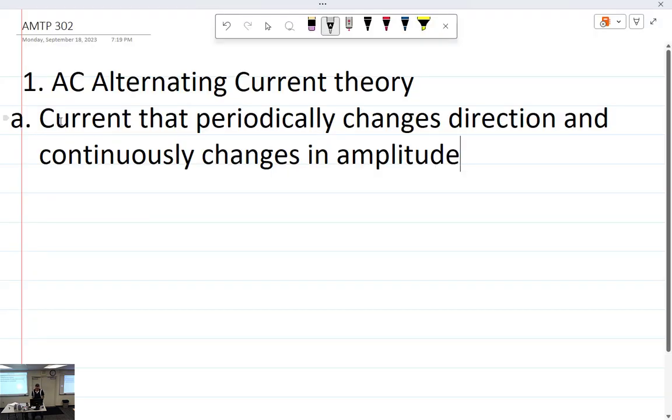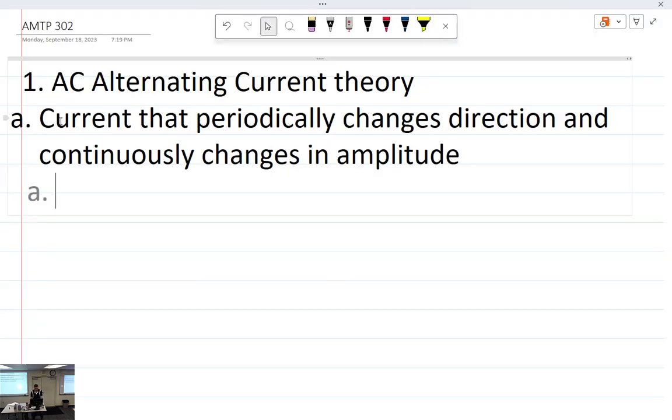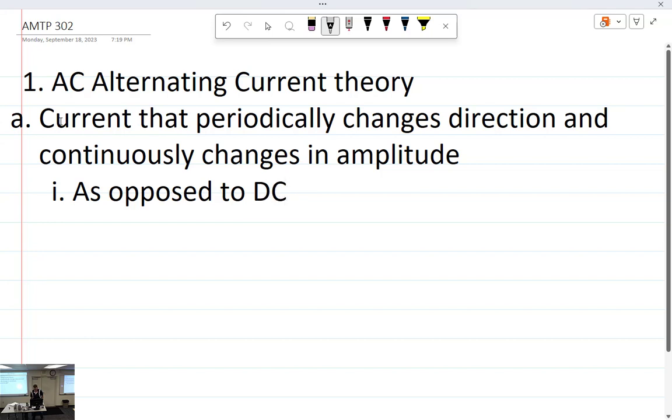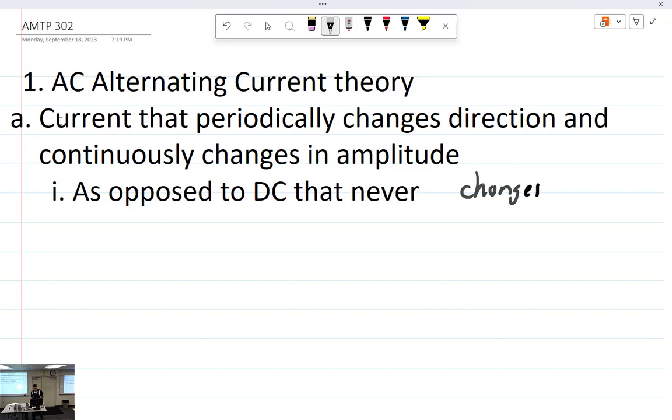As opposed to DC, that never changes direction.